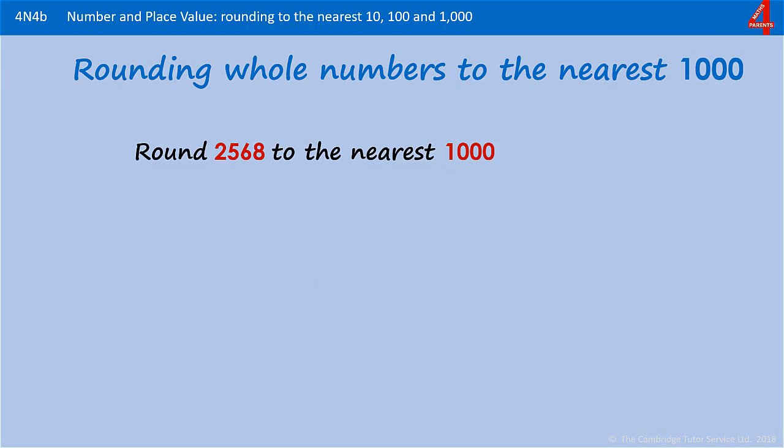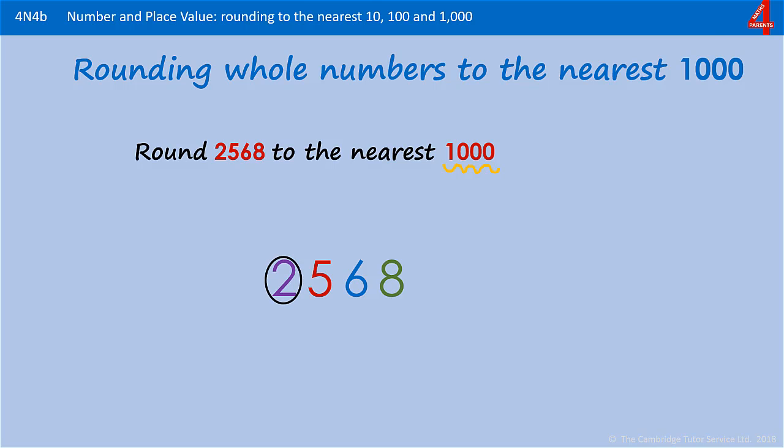Here's one for you to try. 2,568 rounded to the nearest thousand. Pause the video, have a go. Rounding to the nearest thousand, so we locate that in the number, and that's 2.